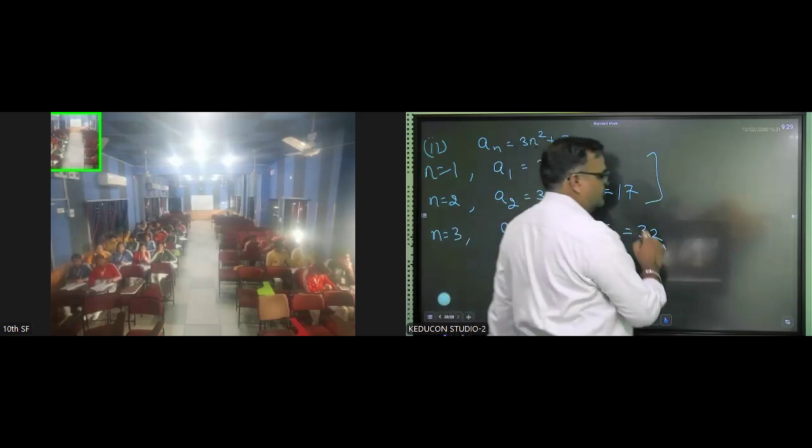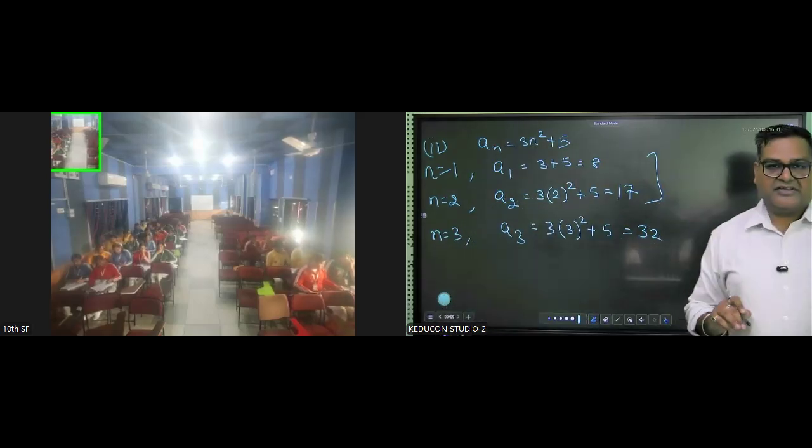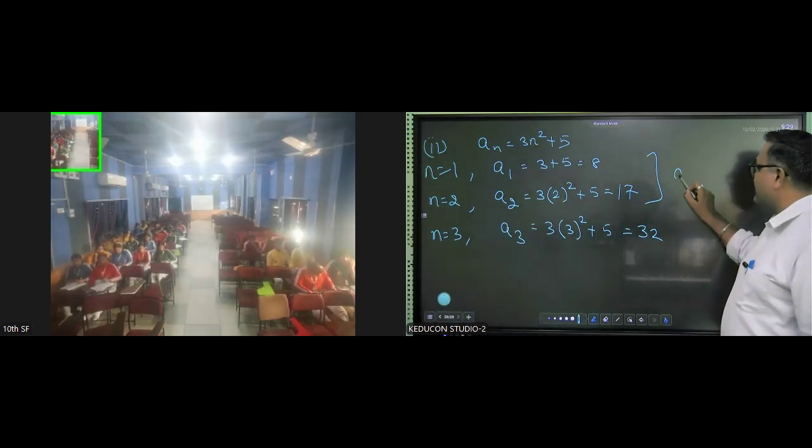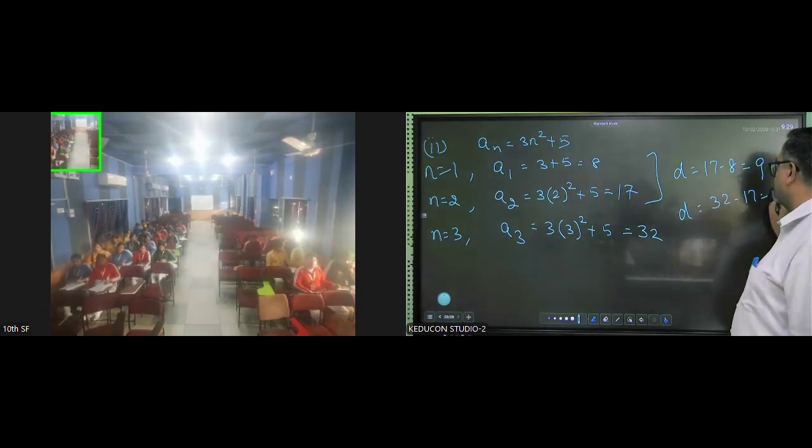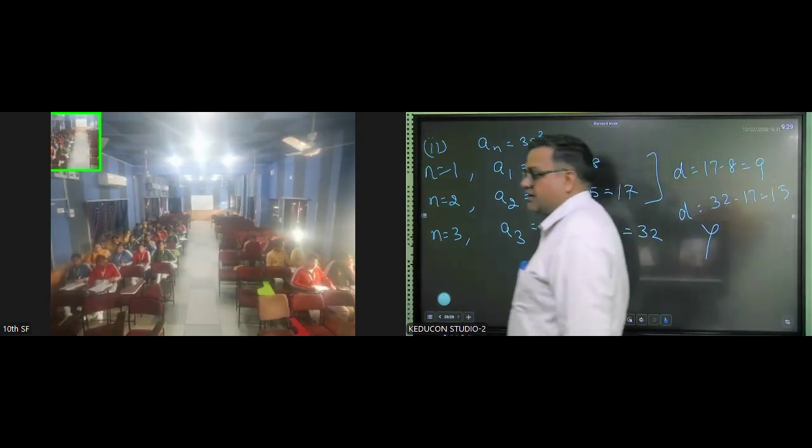Right, bacho? Now what is the difference between these? 17 minus 8 is 9. Here the difference 32 minus 17 is 15. So this is not an AP, right?